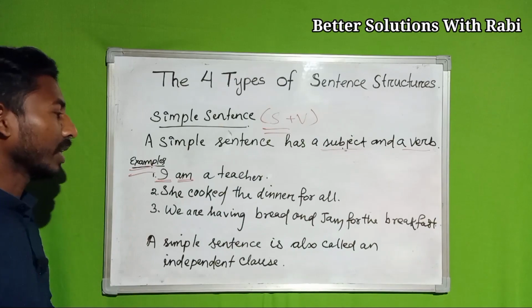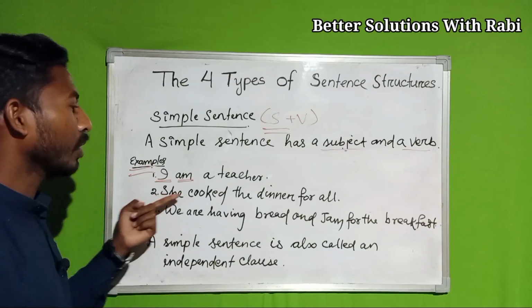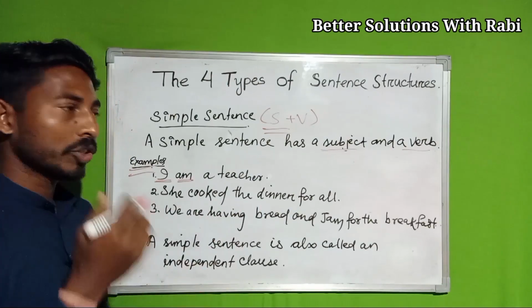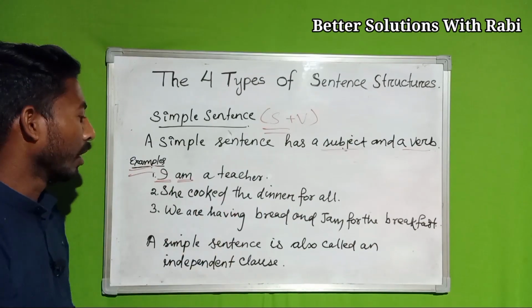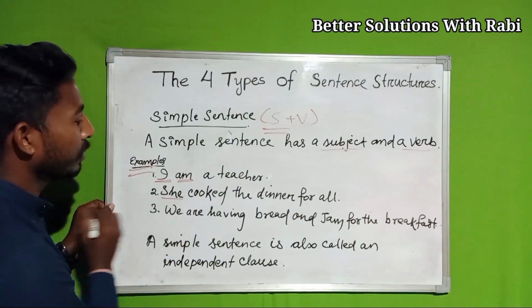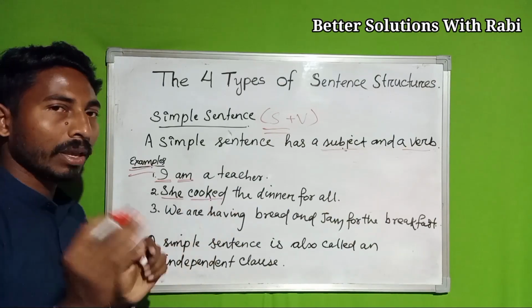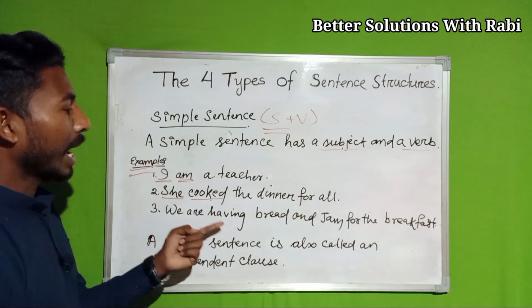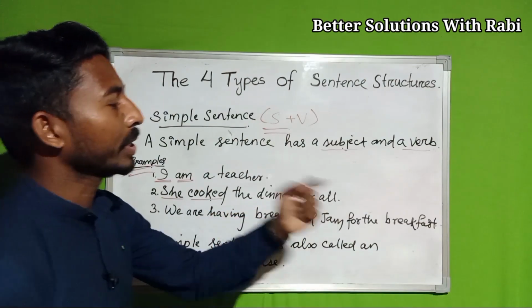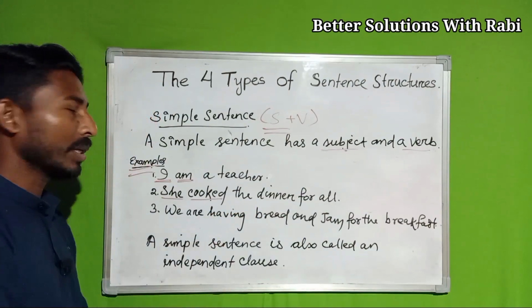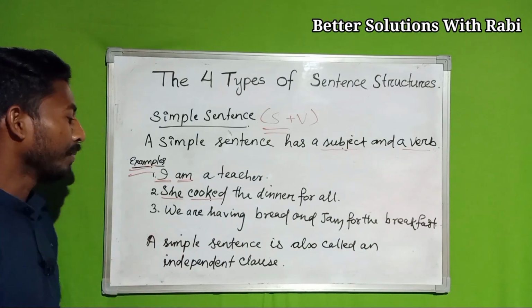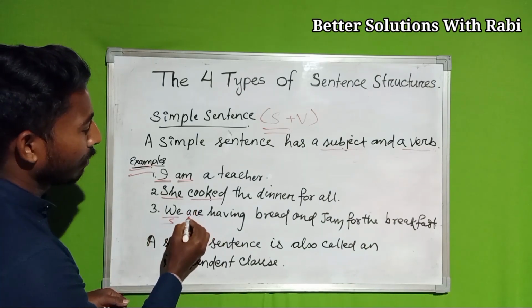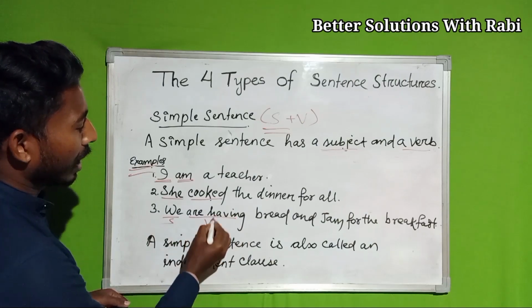In the second sentence, she cooked the dinner for all. What did she do? She cooked the dinner for all. Here she is the subject and cooked is the verb. In the third sentence, we are having bread and jam for the breakfast. Here the subject is we, and the verb is are having.